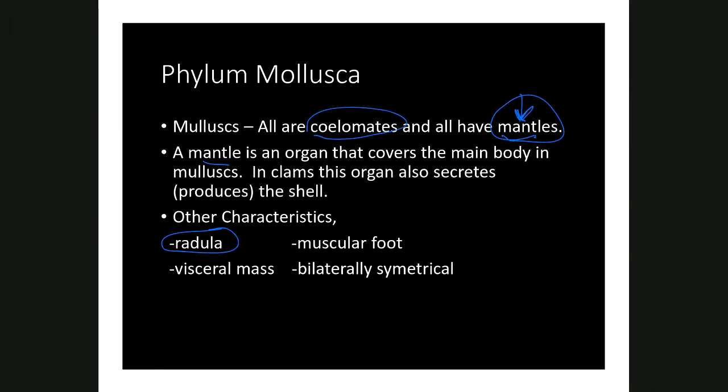They all have a muscular foot, so that's a strong muscular appendage. All right, and their bodies, their organs, are bunched up into what we call a visceral mass. Okay, and they're all bilaterally symmetrical.